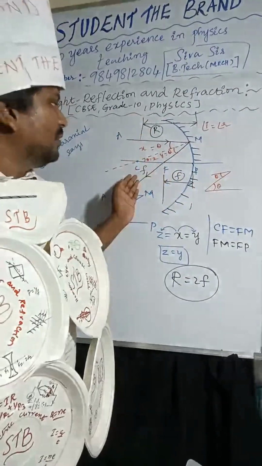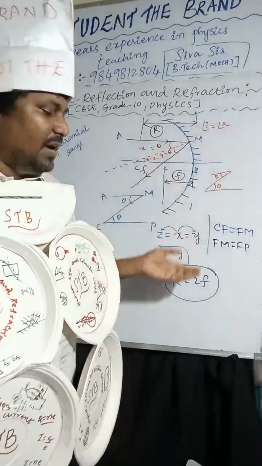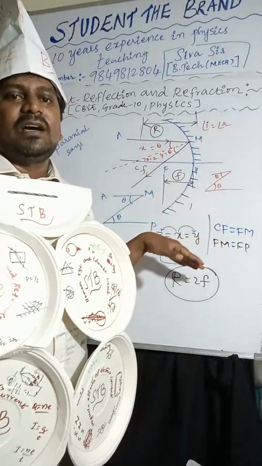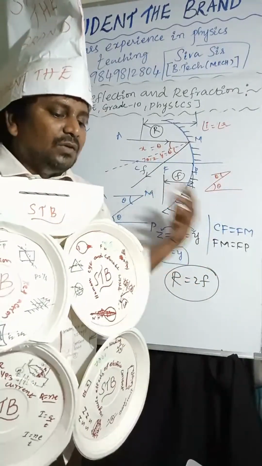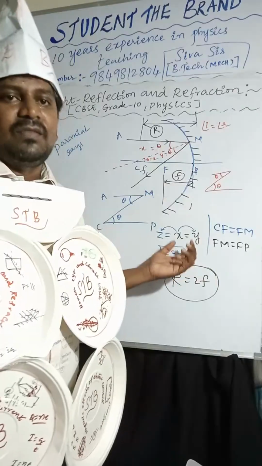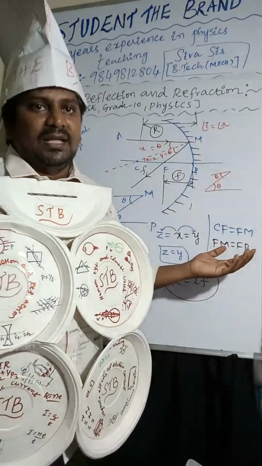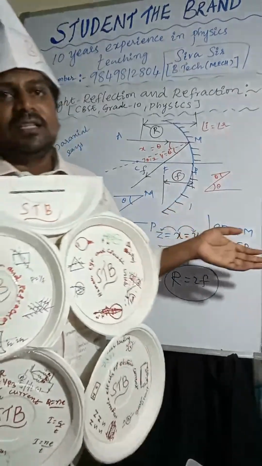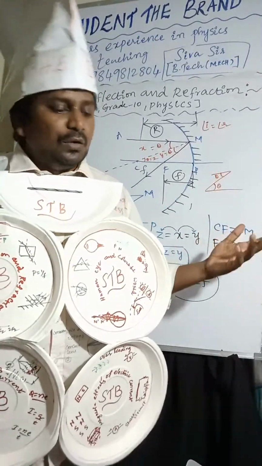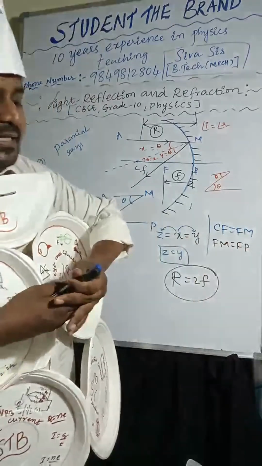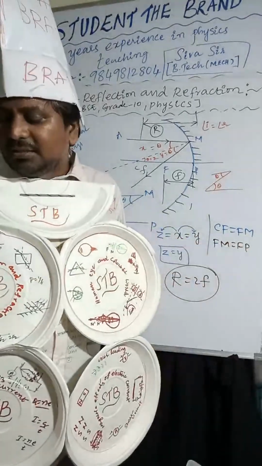So R equals f plus f, which is 2f. R equals 2f. So the radius of curvature is twice the focal length.